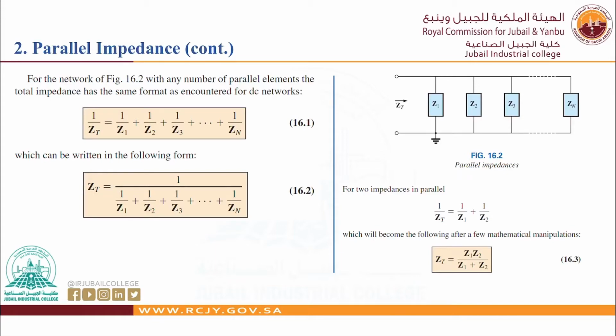So this is the parallel impedance. Okay, this is the total in case of parallel, and this is again same as circuit 1 if we have two elements only. If you have Z1 and Z2, multiply them over the sum of them. As simple as that.